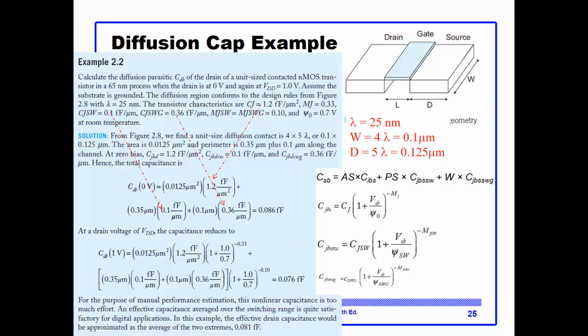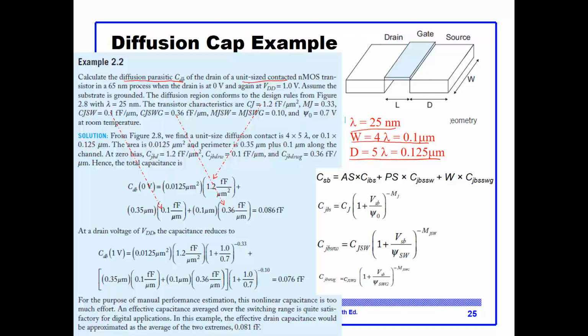The example says calculate the diffusion capacitance between the drain and the bulk of a unit size contacted MOS transistor. What that means is that lambda equals 25, W equals 0.1 micrometer, D equals 0.125 micrometer.